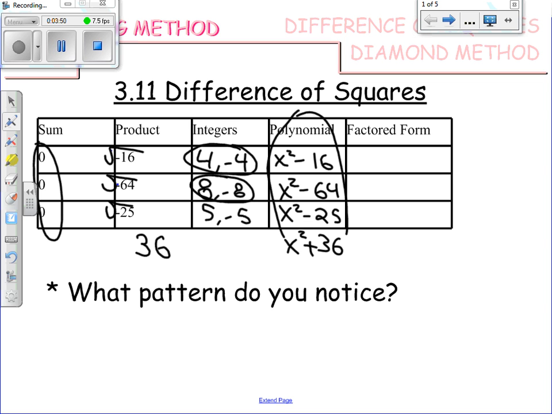Yeah. If you can square root the product and there's no middle term, you have something called the difference of squares. And you want it to look like this in factored form. That polynomial right here factors into that.